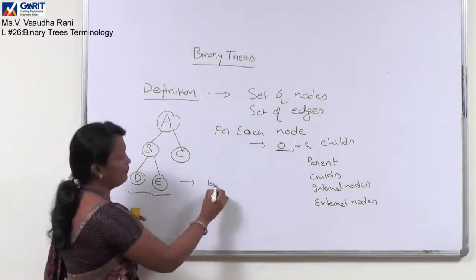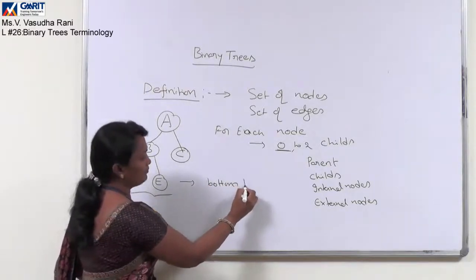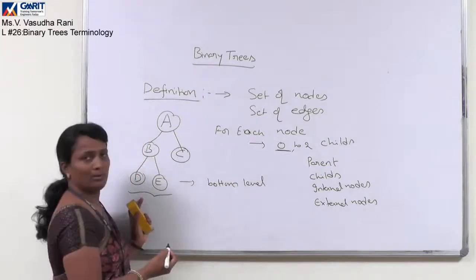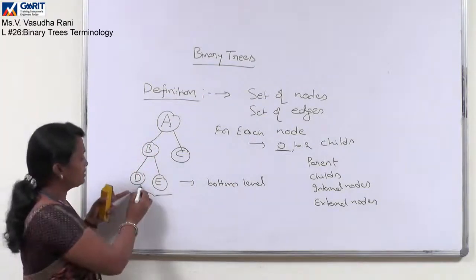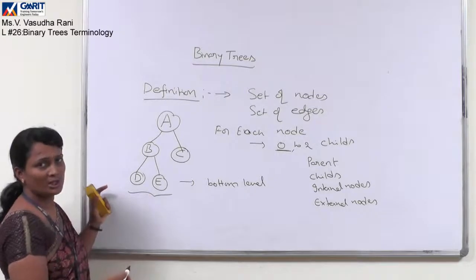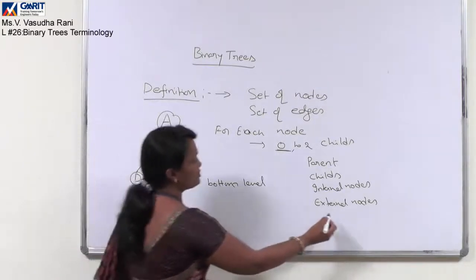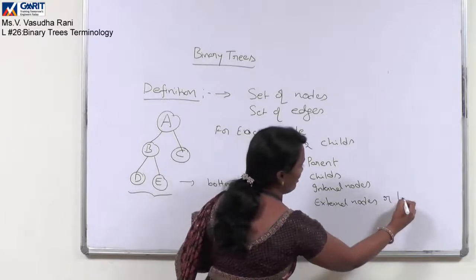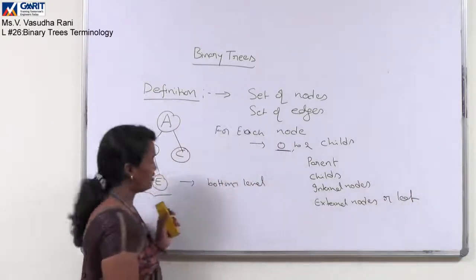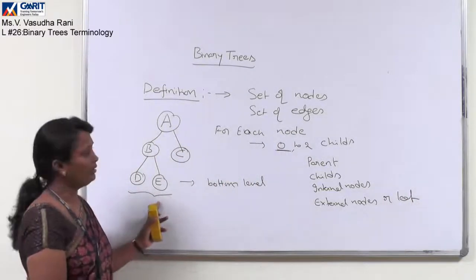These two at the last level of the tree are called leaf nodes. Last level or bottom level. All the bottom level nodes which do not have any childs are called leaf nodes, and leaf nodes are also called external nodes.